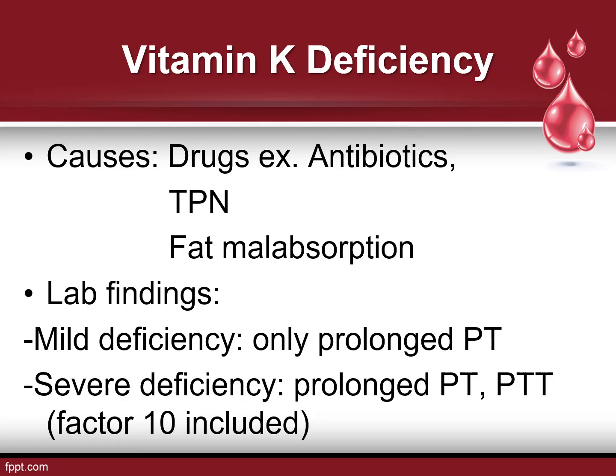As lab findings, we can see abnormal findings with prolonged PT or PTT, also decreased level of factor 2, 7, 9, and 10. And it's associated with normal bleeding time, fibrinogen, platelets, and other coagulation factors as factor 5 and 8.